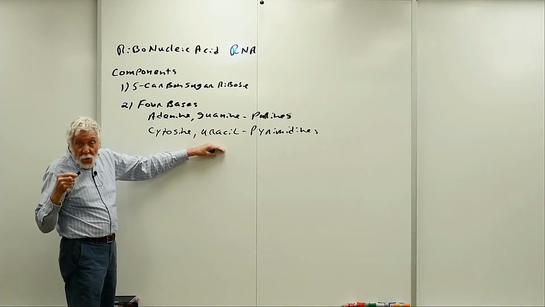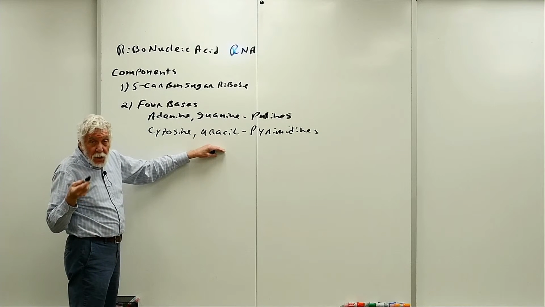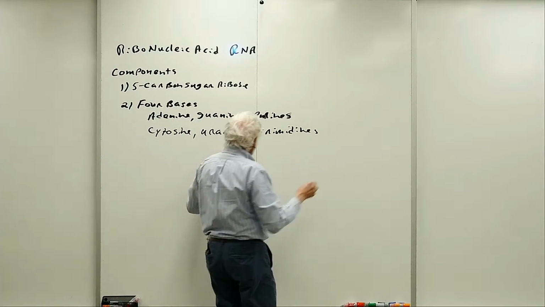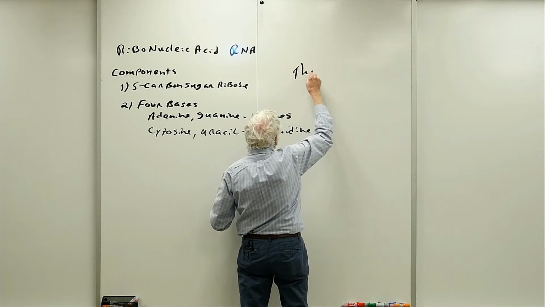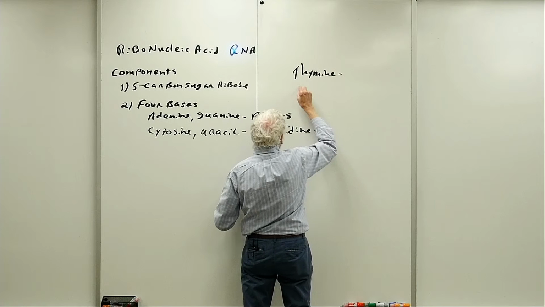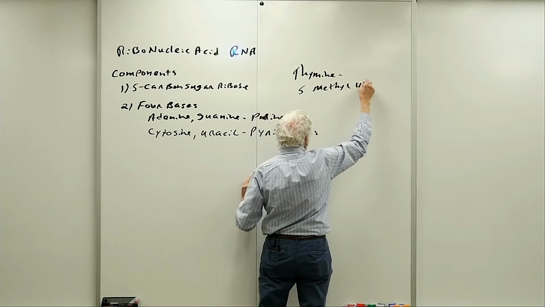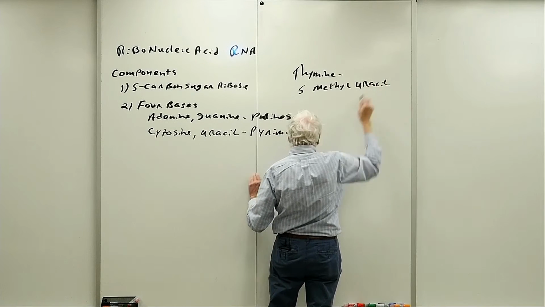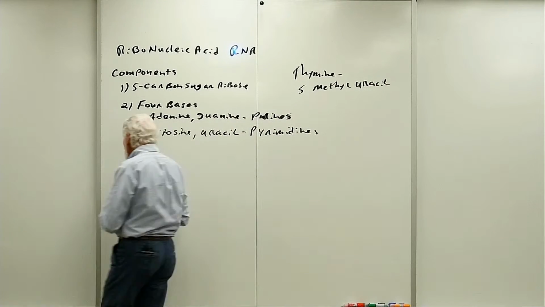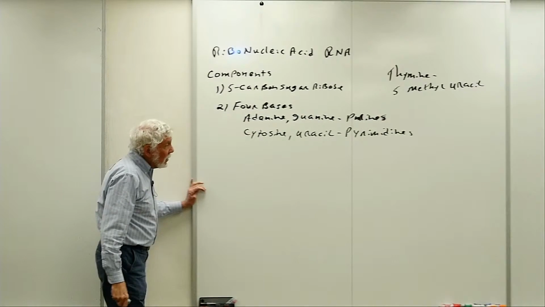Although uracil has a different name than thymine, it's really, really similar. Thymine is said to be 5-methyl uracil. Let me take a moment and show you that.